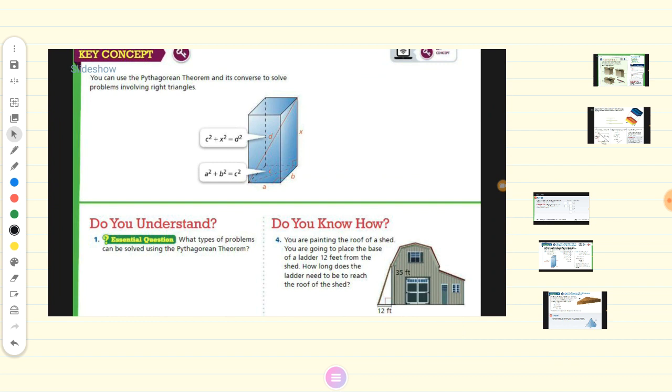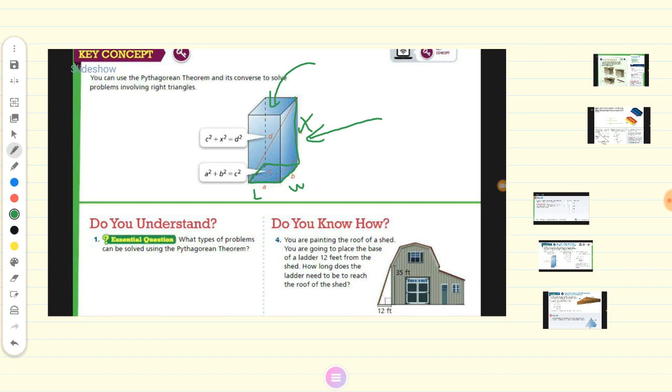Like this example, if I have a cuboid like this one, its base is in the shape of a rectangle, and it has a height, which is x, and it has length a, and width b, and I need to find the longest distance that I can put inside this cuboid.